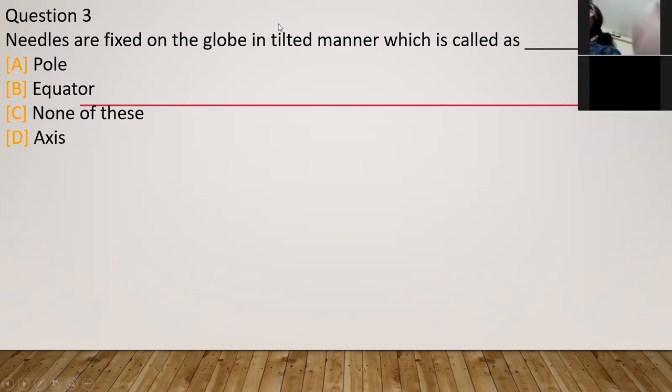Okay, so axis is the line through from north to south. It's an imaginary line on which the sphere, the globe, spins. This is the axis, and this is located on the North Pole and South Pole.